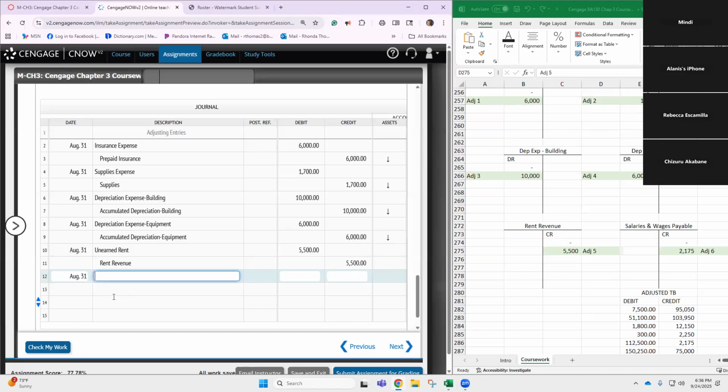All right. This one says accrued salaries and wages. So if you look at accrued expenses is what we're going to work on. So we need to make an expense happen that includes a liability going up. So I think we have a salaries and wages expense.